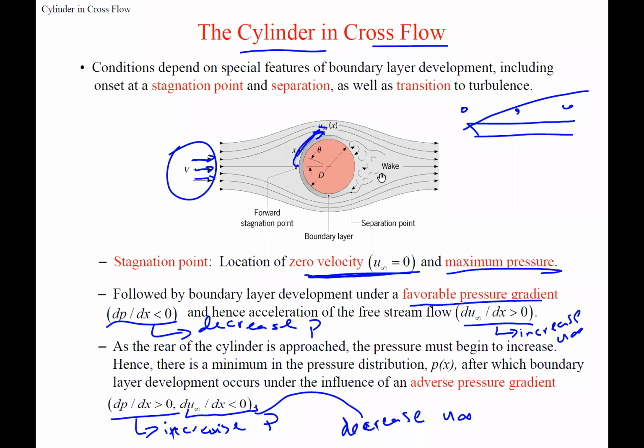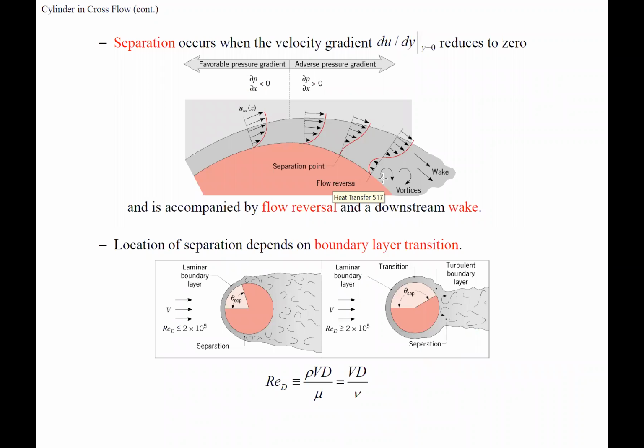And what happens is, we see it here, as in this favorable pressure, where pressure's decreasing, velocity is increasing, we have this nice profile, and then we get this adverse pressure gradient. So now the velocity has to overcome the pressure, right? But the velocity is slowing down, right? And the pressure is increasing.